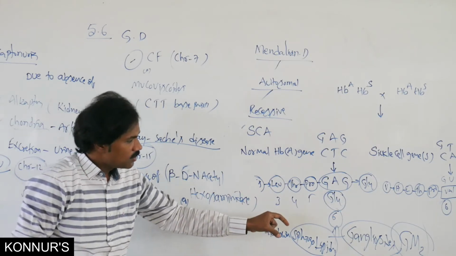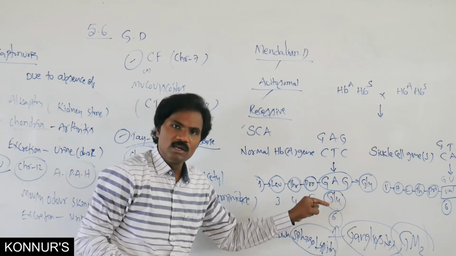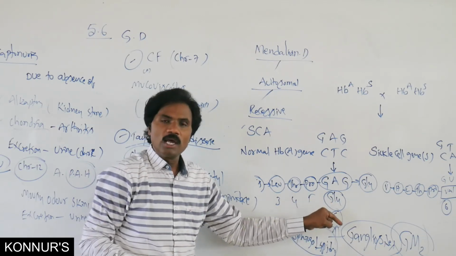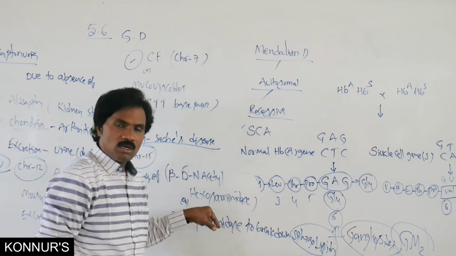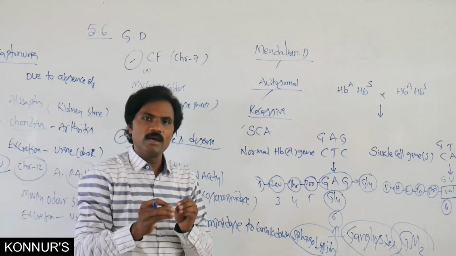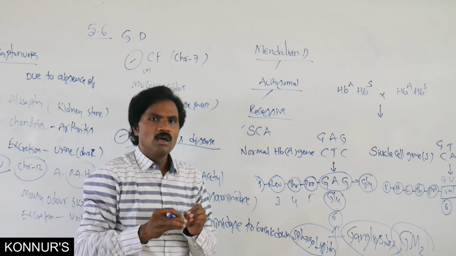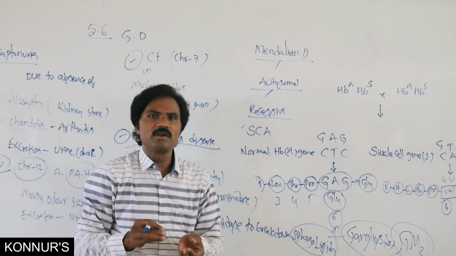This ganglioside, one type of lipid, is present due to lack of this enzyme and must be deposited in the brain as well as the spinal cord. If it is deposited, then automatically there is mental retardation.